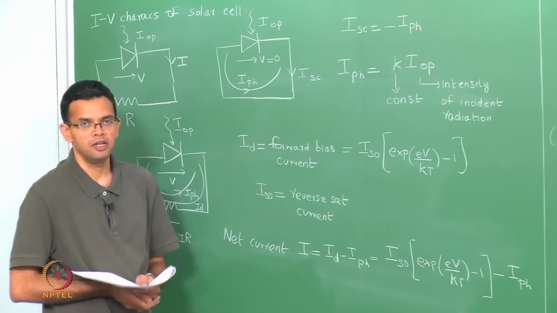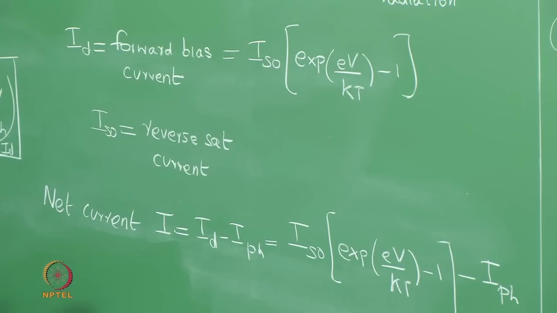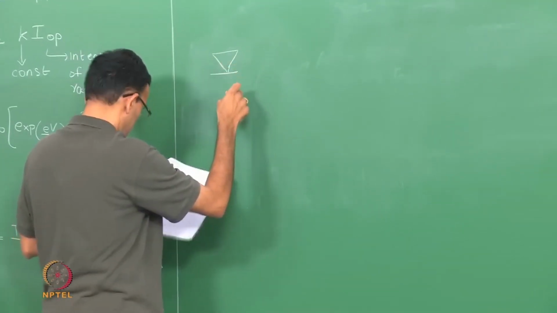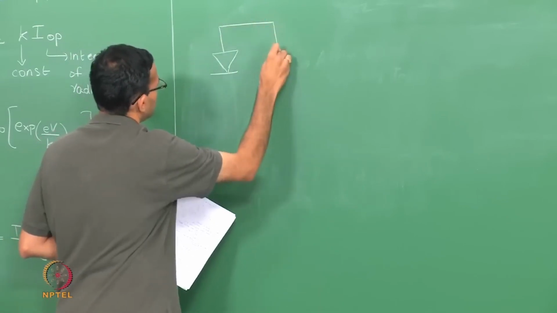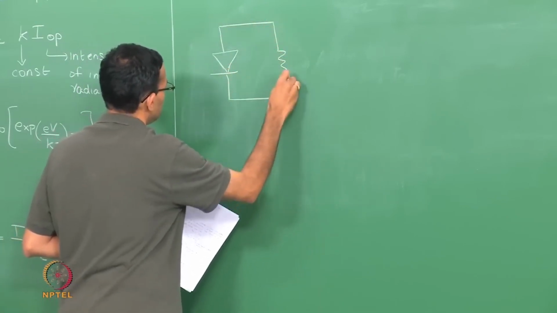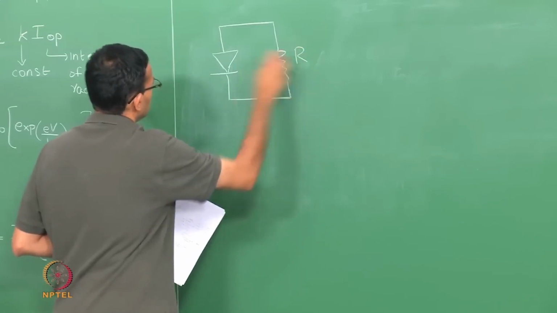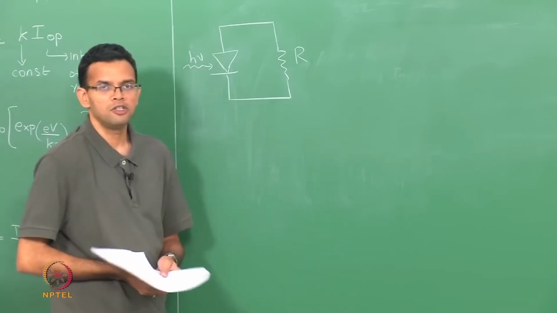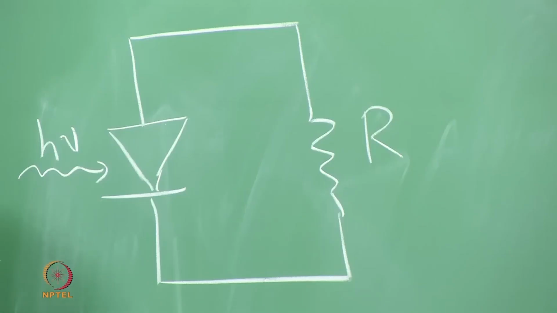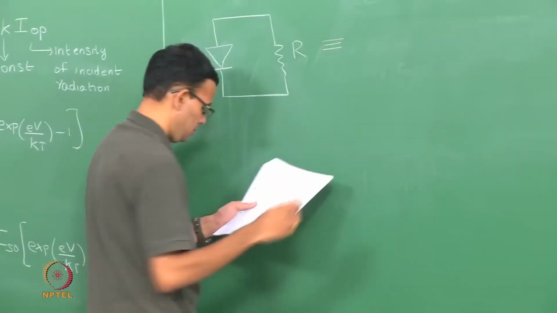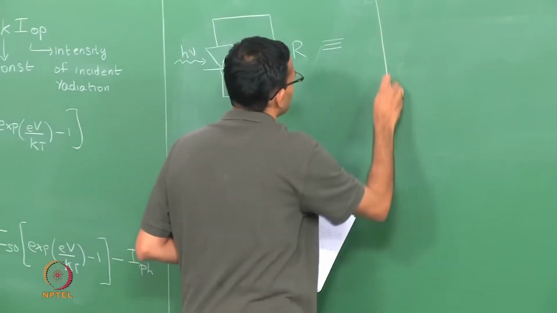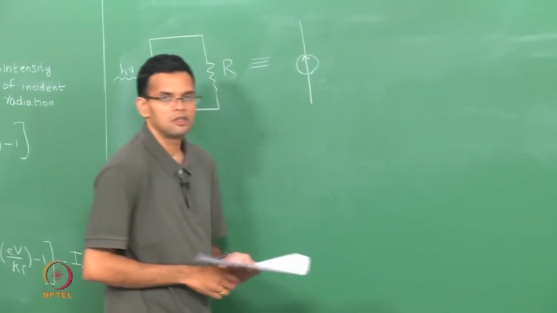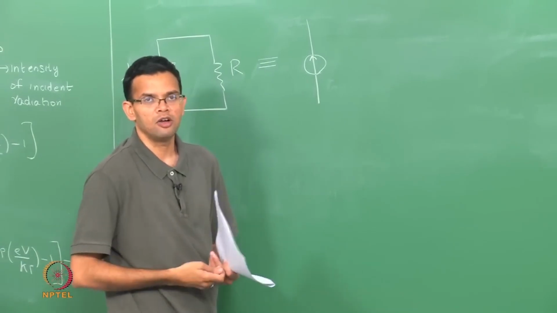So it is possible to draw an equivalent circuit for your solar cell, which is nothing but a PN junction under illumination. So we have a solar cell connected to an external load, and you have some incident radiation shining on it. So it is possible to draw an equivalent circuit for that. So in that case, you have a constant current source, which is your photocurrent generated because of the incident light.